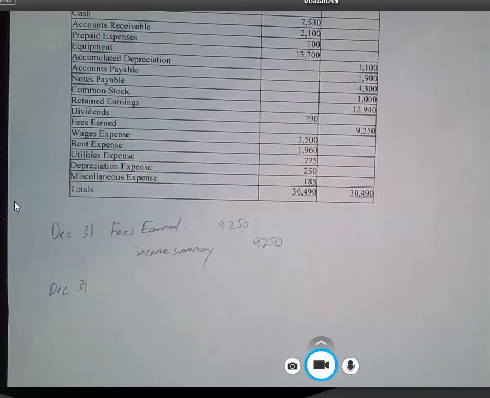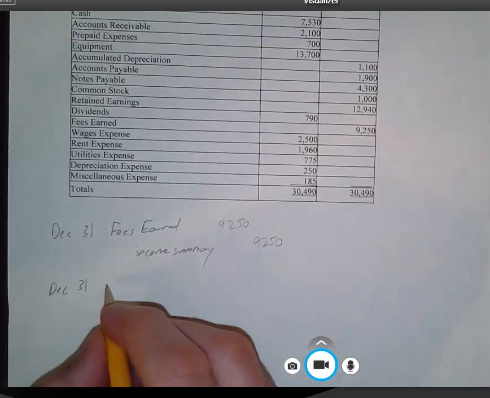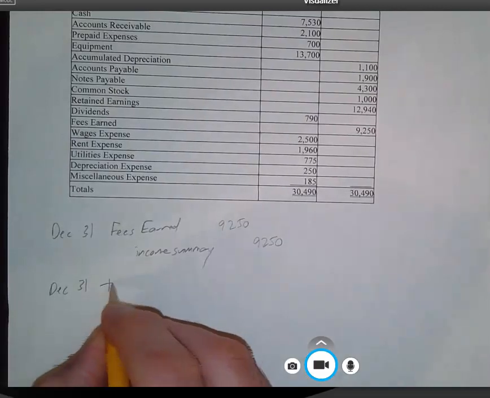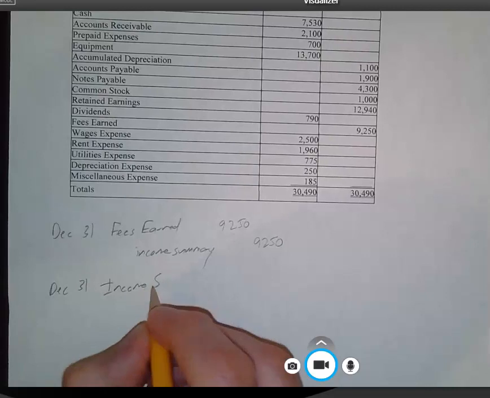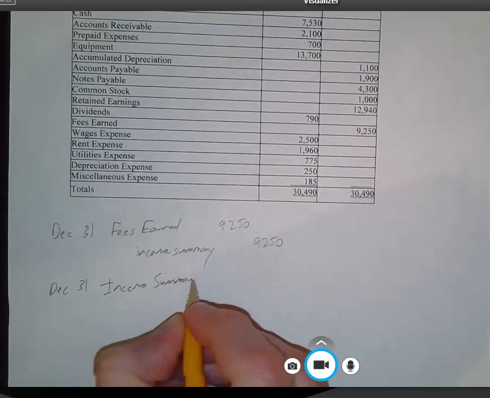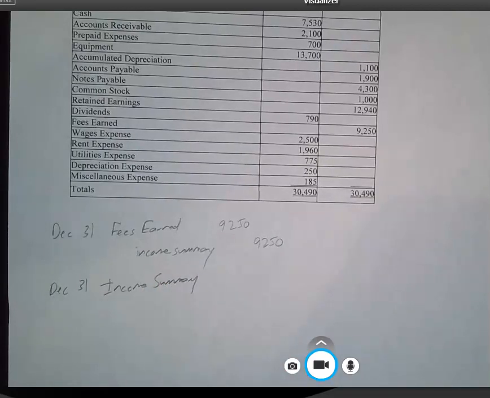Okay? So, what we cannot do, I mean, we can plot our income summary here as a debit. We don't know how much it's going to be for yet, but we can go ahead and put it there.